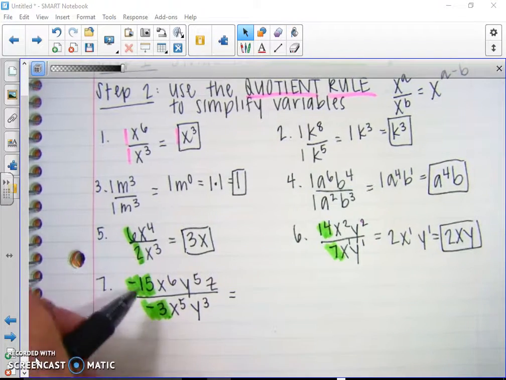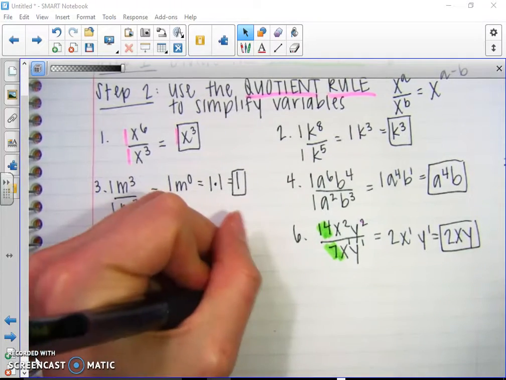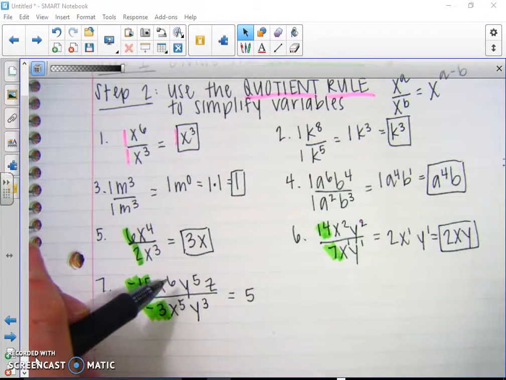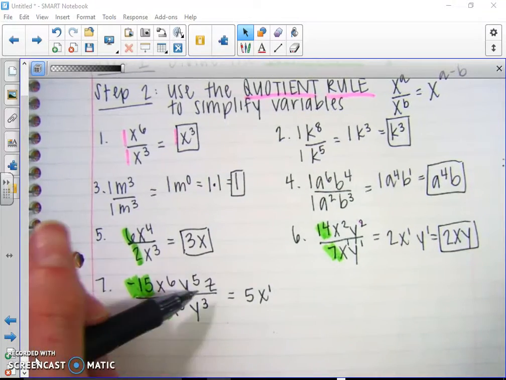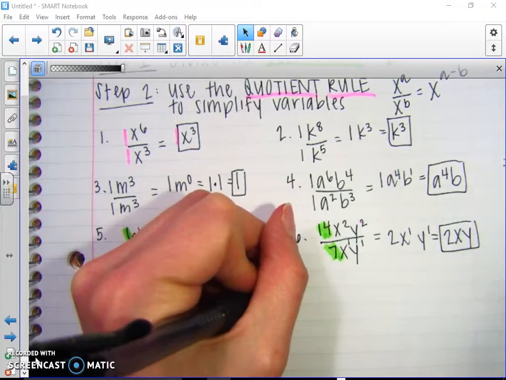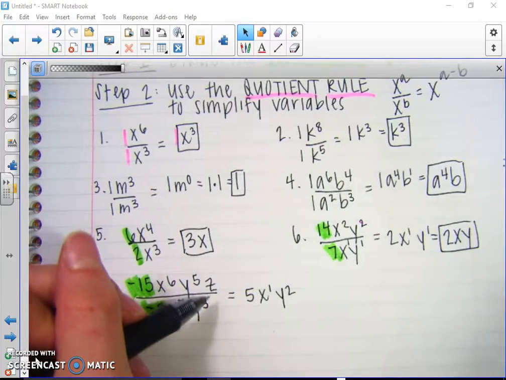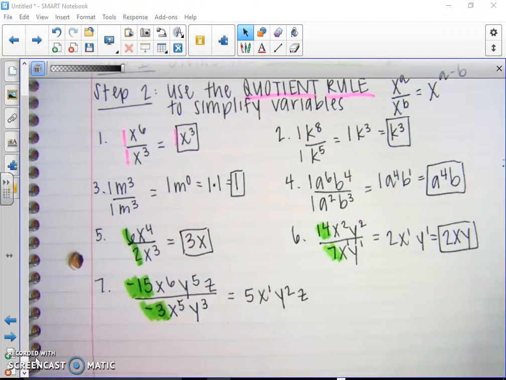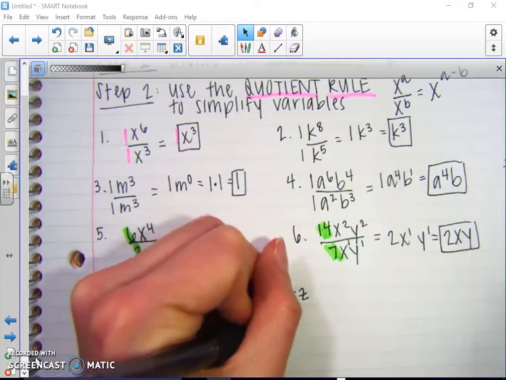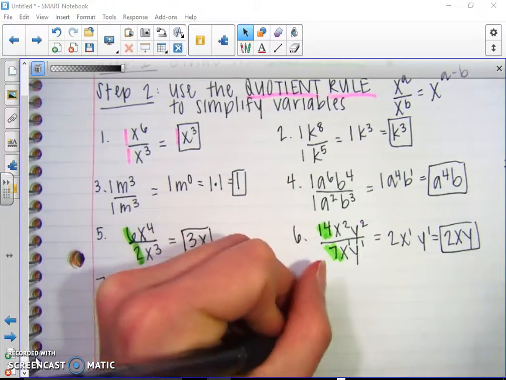Those reduce pretty nicely. Negative 15 divided by negative 3 is just 5. 6 minus 5 gives me x to the 1. 5 minus 3 gives me y squared. And then z doesn't have anything to simplify on the bottom with, so it's just going to stay z. And if I really want to simplify this, it should be 5x y squared z.